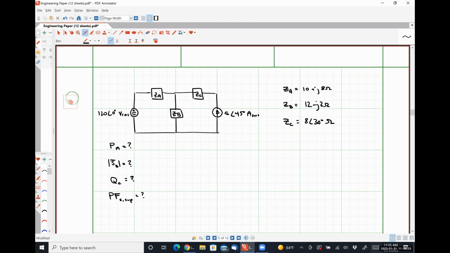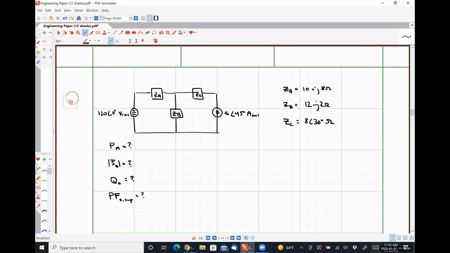So do you guys want to work this trying to determine voltages or currents or some combination thereof? Voltages, okay? You already know two of the voltages, over ZA and ZC.